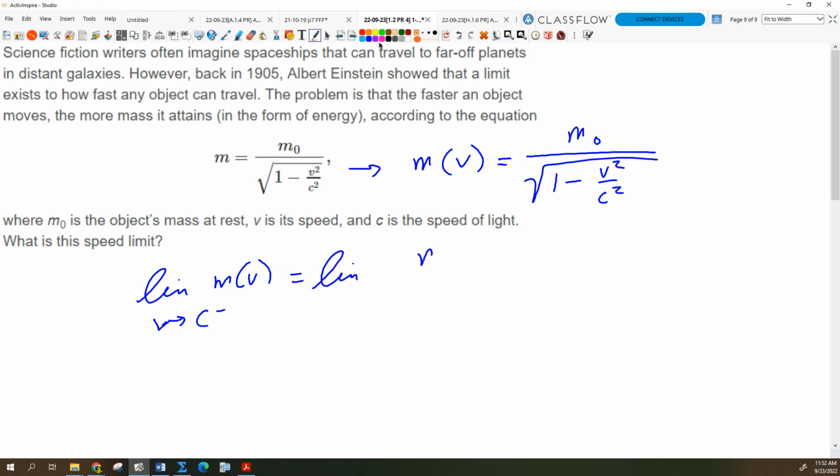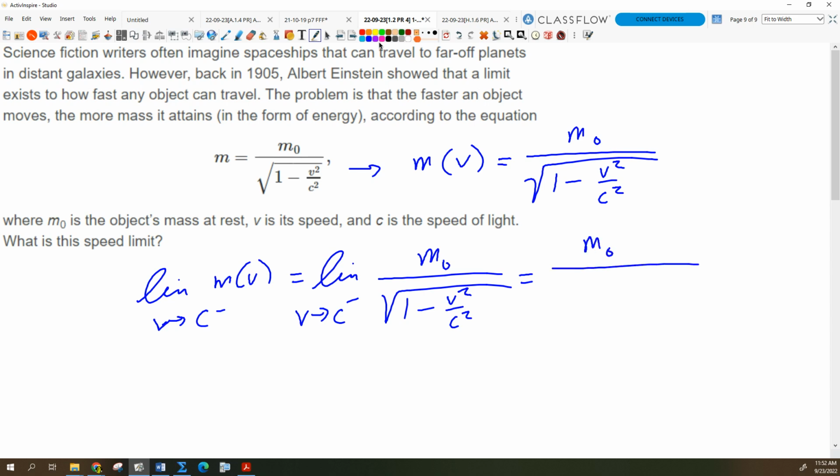So we get the limit of m naught divided by the square root of 1 minus v squared over c squared as v approaches c from the left. And what's that going to give us? The rest mass is just going to be some positive number, right?